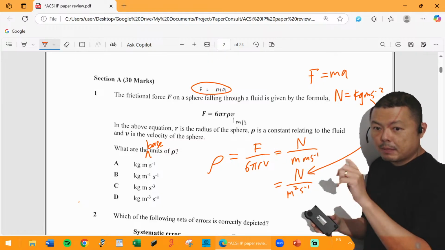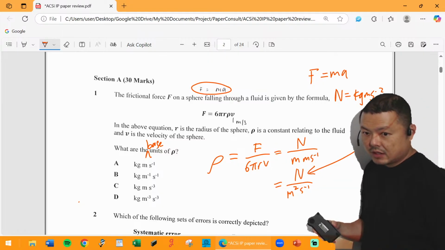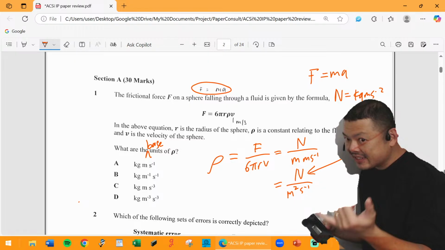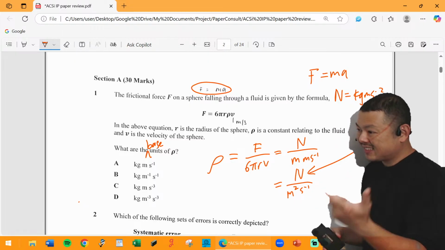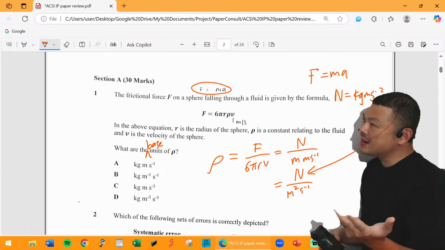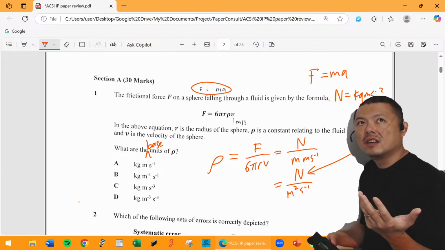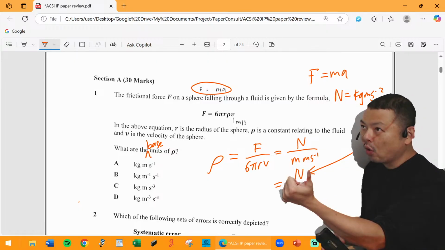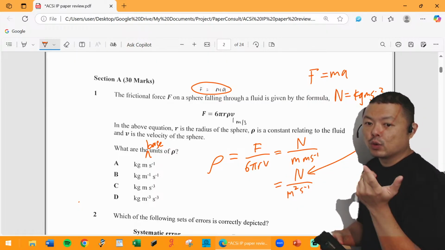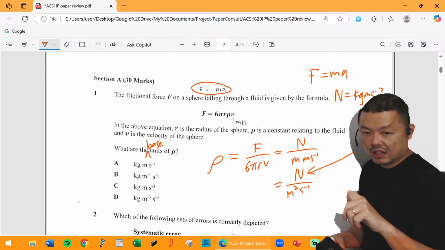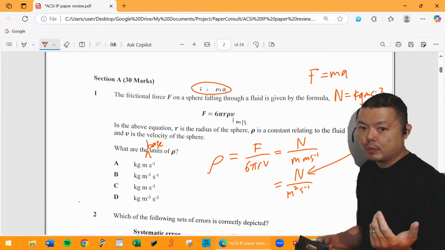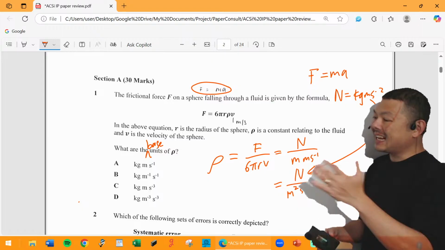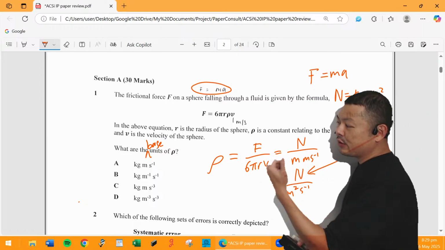Do you remember chapter 1 has this thing called base units? Do you remember that you have to memorize the 6 base units? kg, meter, second, ampere, Kelvin, mole. The 7th one, candela, is luminosity, but that's not your business. You only need to remember that 6.